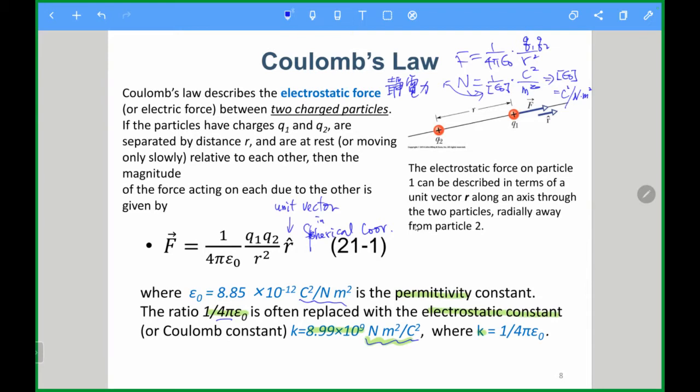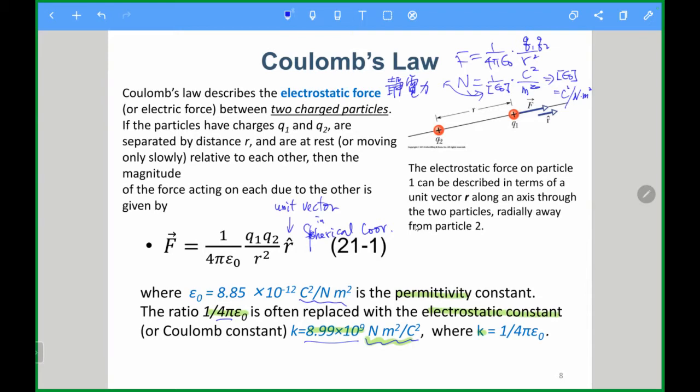Generally I will just remember this number. Maybe you don't remember, but it's fine. In the quiz or exam, I will just give you some of the constants, so you don't really need to remember the number. But as I teach this course, I usually write this constant, so I already remember this number, because there are not many numbers to remember.